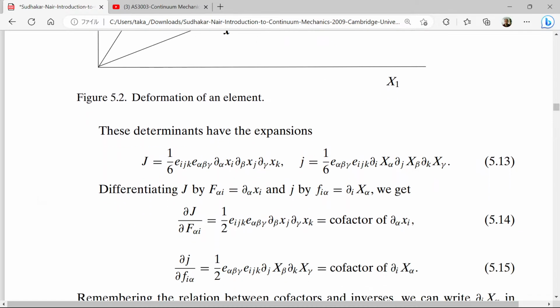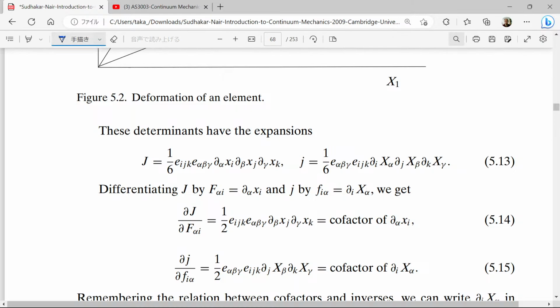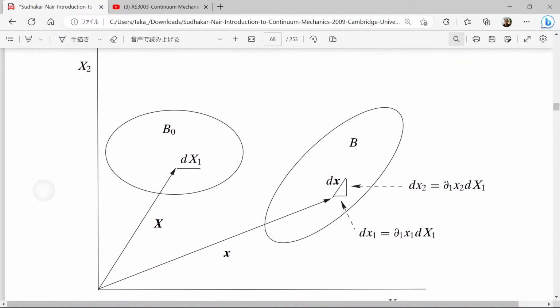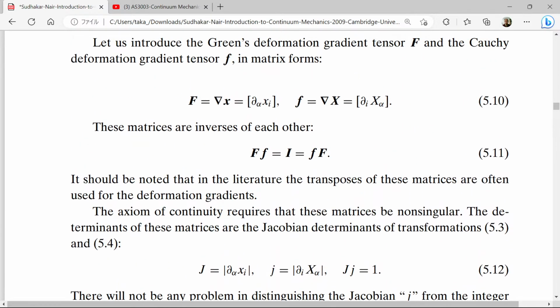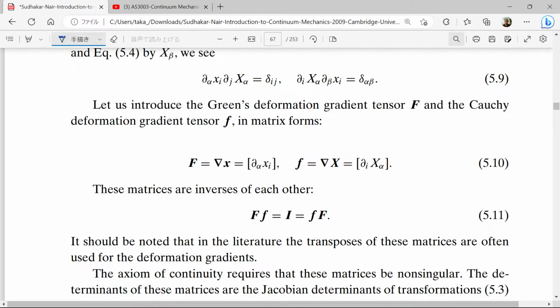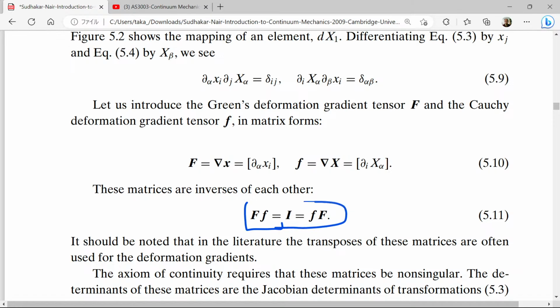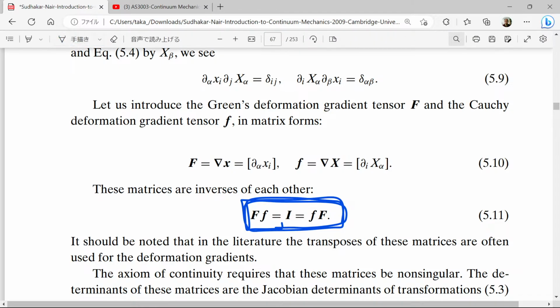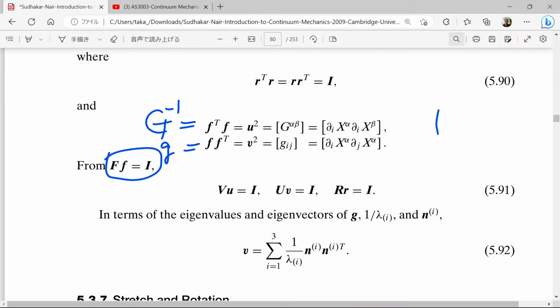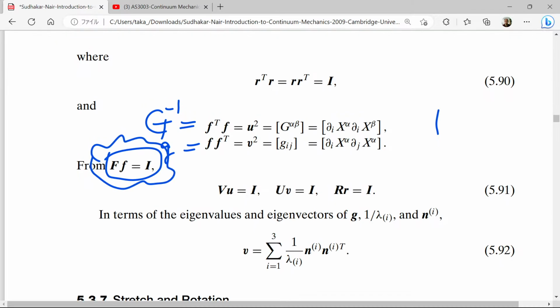So here we have learned this one and this one. We have already learned, although I don't remember exactly, that large F times small f is identity. So this is correct.